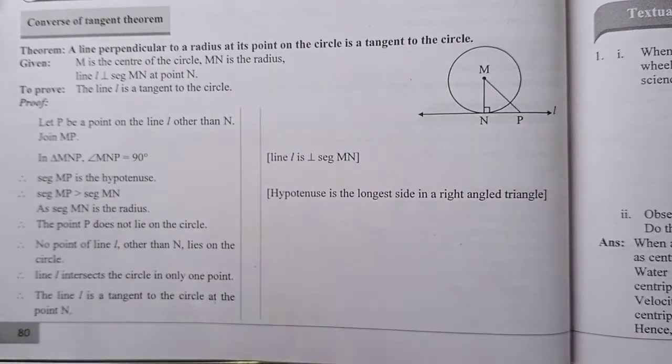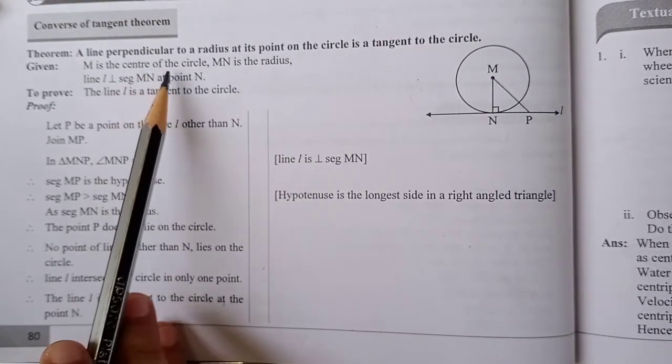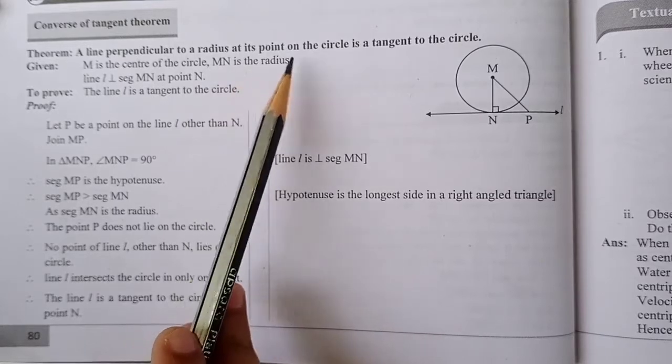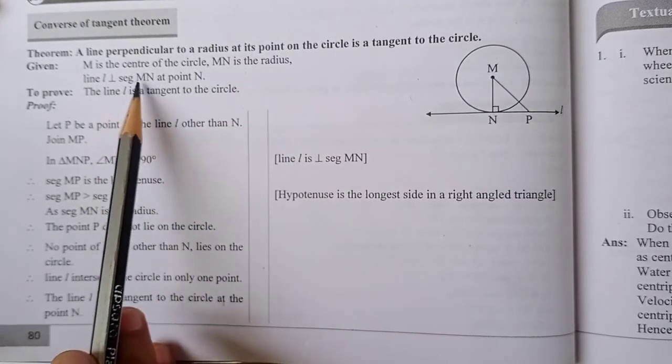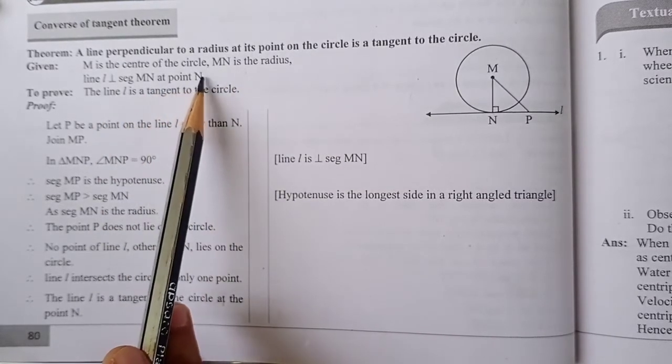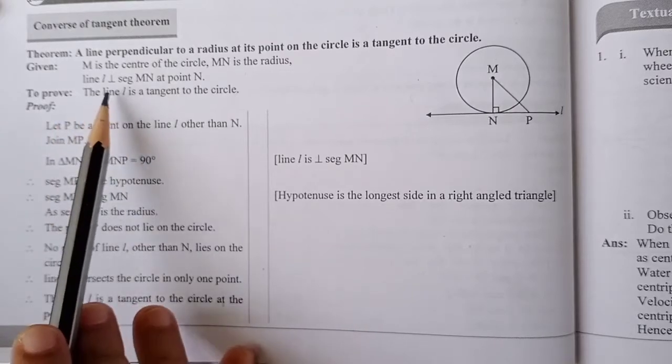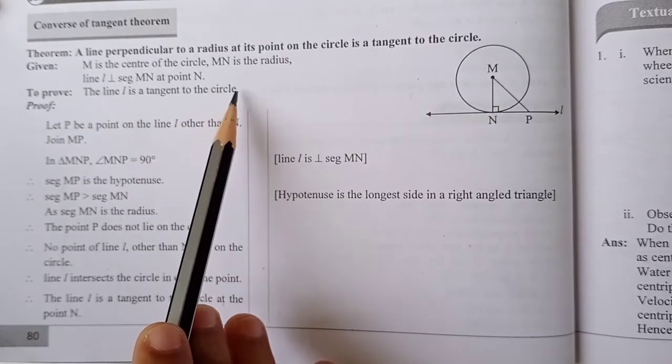So draw this figure. Given will be M is the center of the circle, MN is the radius, line L perpendicular to segment MN at point N. So the given part is clear to you, and what we have to prove is that the line L is a tangent to the circle.